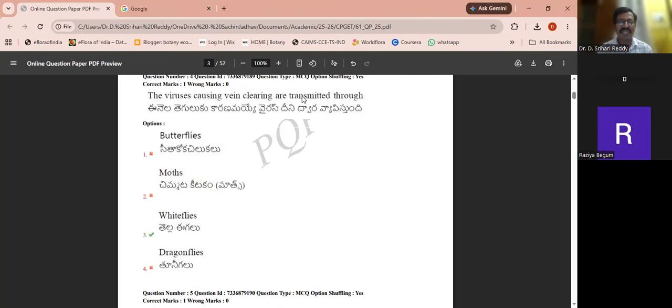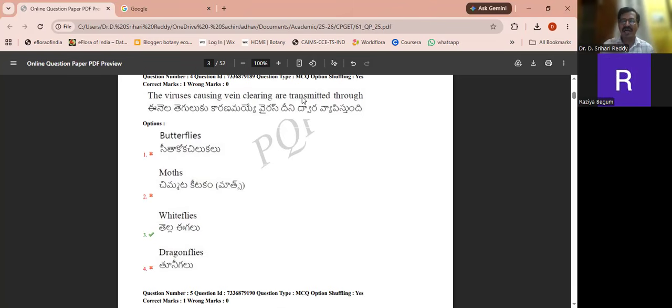Viruses are transmitted by different vectors, medium. They may be transmitted from the diseased plant to the healthy plant through the mechanical instruments, or they may be transmitted through the fungal organisms. They may be transmitted through the viral organisms.